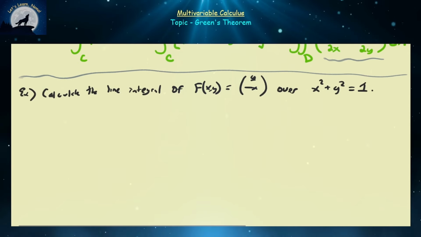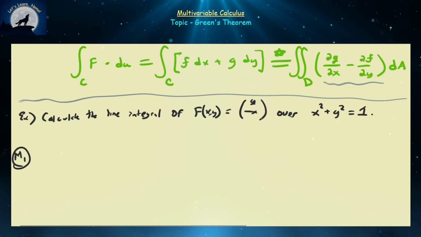So we're going to do this in two different ways because we already know how to evaluate line integrals. That's not new. But this gives us another way of evaluating line integrals with double integrals, which we also know how to do. So it gives us two different ways of solving the same exact problem. That is, it's two different problems with the same exact answer.